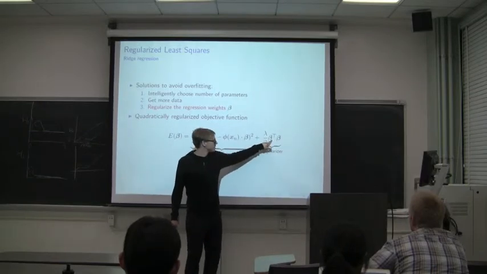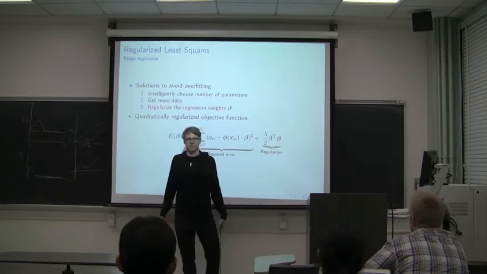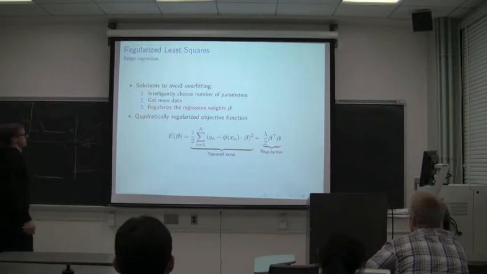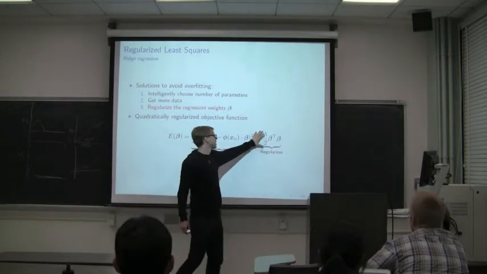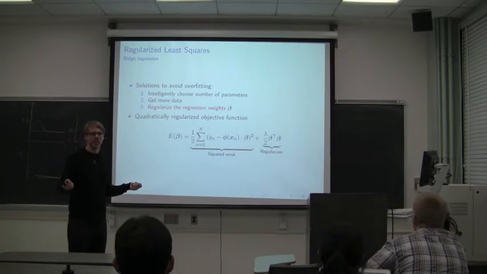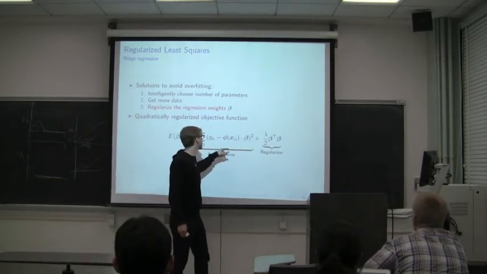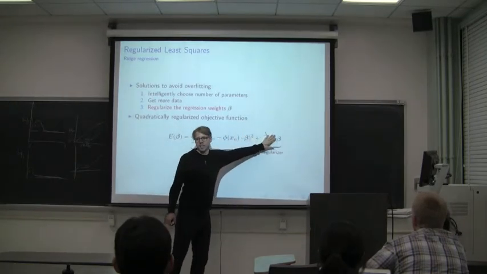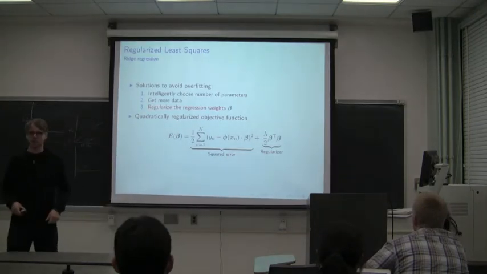If you write it as a sum, this is just the sum over beta i squared. For example, if you fit this to the same model as before, where we got values of minus 100,000 or so, these would give a very high penalty. So there's now a trade-off between getting a perfect fit and still not making the regression coefficients too large.